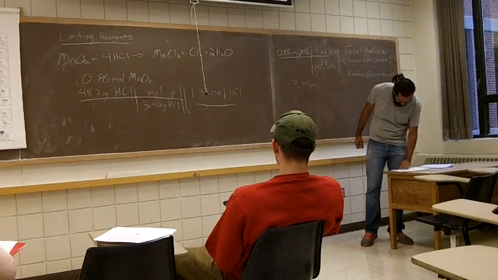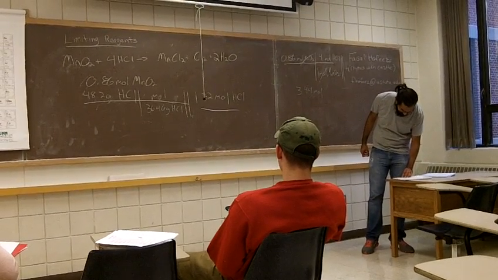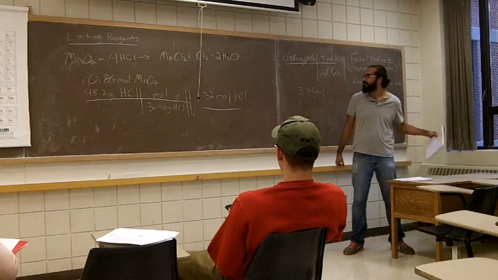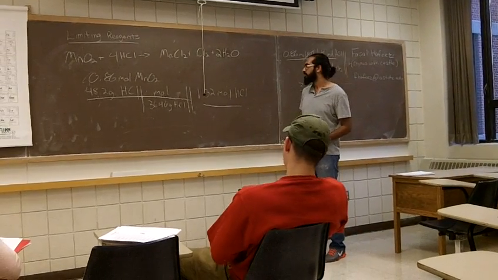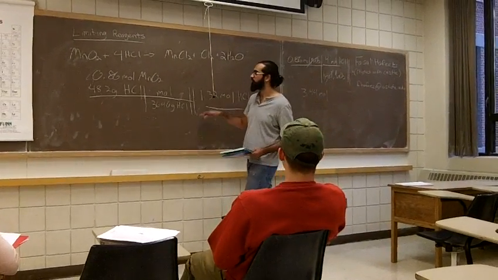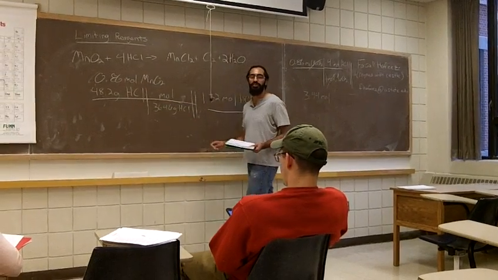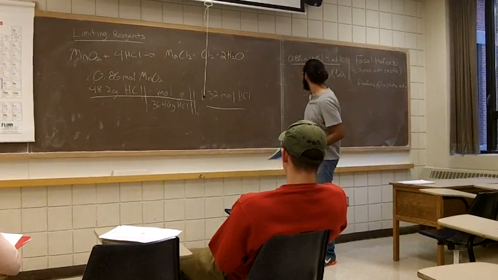given our limiting reactant, how much chlorine, Cl2, are we going to produce? So what are we going to use? Are we going to use 1.32 or 0.86? 1.32. Okay.